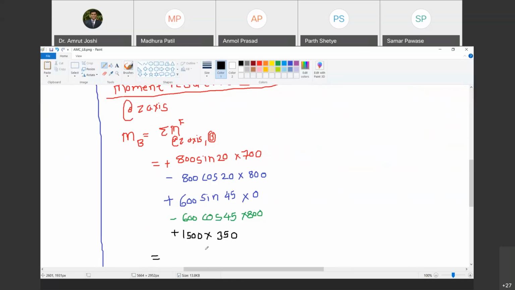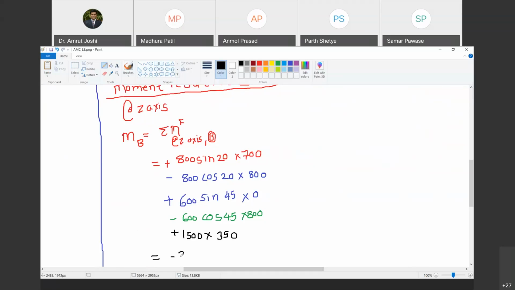So not sin 45, 600 cos 45. One minute. Minus 600 cos 45. Minus into 800. Just give me a minute. Plus 1500 multiplied by 350. So it is minus 22, 42, 83.